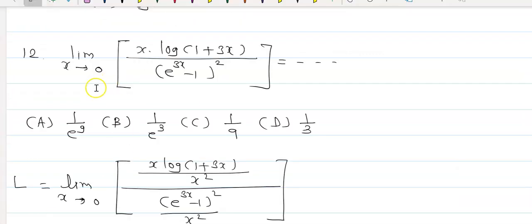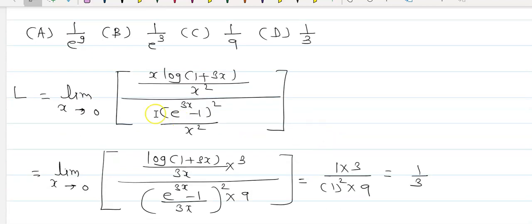If we see this problem, that is the limit x tends to 0, x log of (1 plus 3x) upon (e raised to 3x minus 1) bracket square, now divide numerator and denominator by x square, then you will get the answer. What will happen here? This x gets cancelled. That is log of (1 plus 3x) upon x. But here we require 3x, therefore we are adjusting here 3 in the numerator and the denominator. Therefore log of (1 plus 3x) upon 3x into 3.